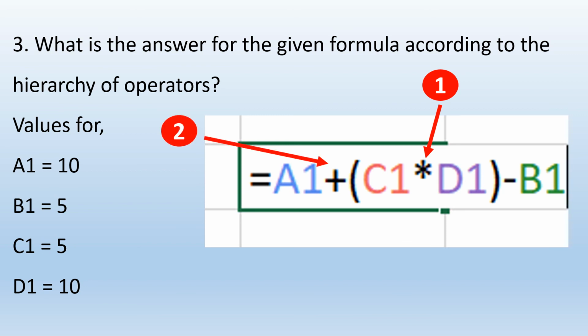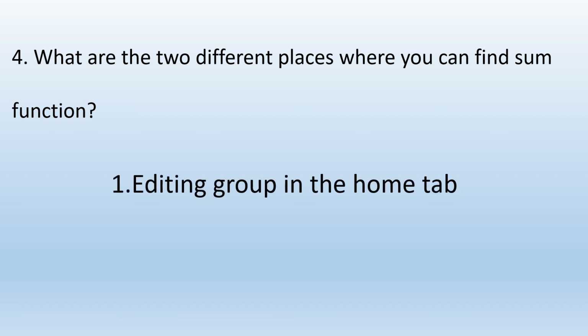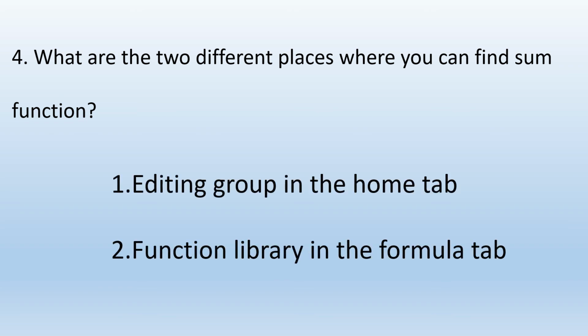First this, and second, third. So the answer is 55. And what are the 2 different places where you can find some function? I told you there are 2 tabs. One is in the editing group of the home tab and then the function library in the formula tab.